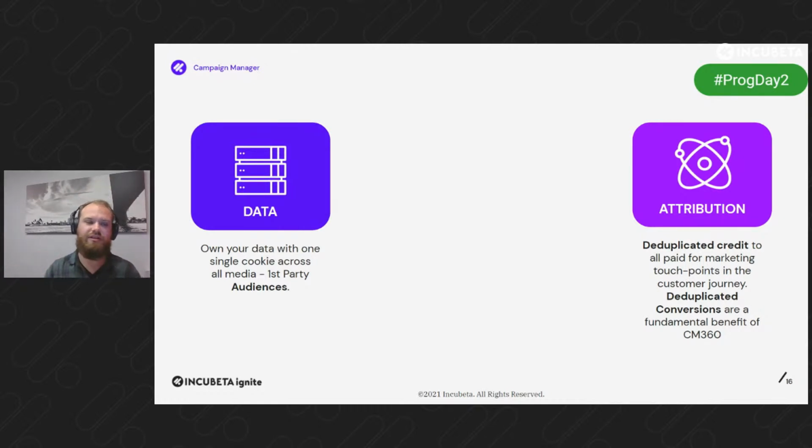So we know that if a user has, say for example, clicked on a Facebook ad, and then seen a YouTube ad, and then later on clicked on an SA360 ad, we're able to see that whole user journey and actually build audiences out of that. And that ties so tightly in with attribution, where we're looking at deduplicated conversions. As we briefly mentioned yesterday, deduplicated conversions ensure that we're not double counting our conversions across platforms.